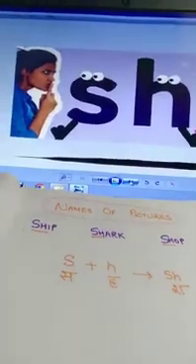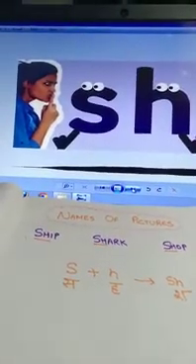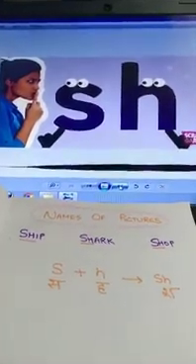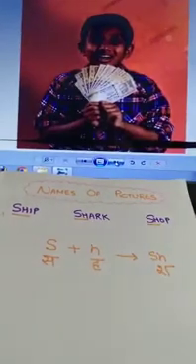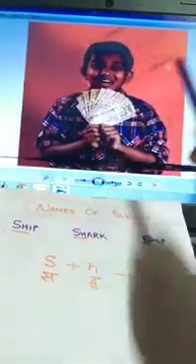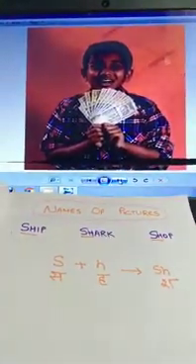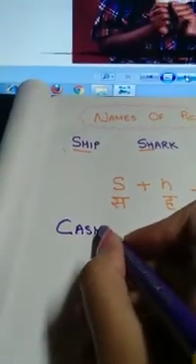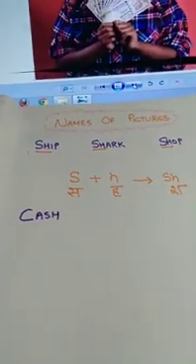Students, let's learn some more words having SH. So, here is the picture of a boy holding so much cash. What is he holding in his hand? Cash. C-A-S-H. Cash.